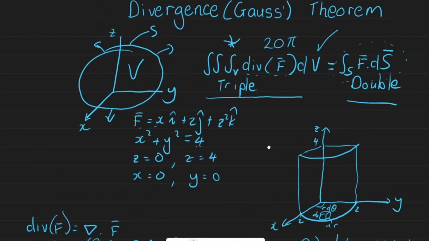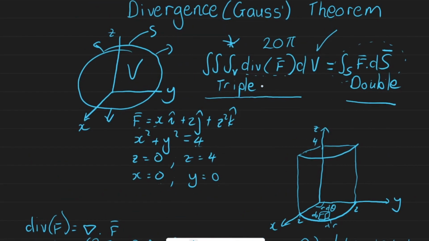You determine the triple integral on the left-hand side by finding the divergence and taking the volume integral, and on the right-hand side you find the double integral, the surface integral. So what this is saying is that you can do one or the other to achieve a certain objective. Sometimes you can even convert the integral depending on which method is easier to use, and you can actually simplify some of these equations in this manner.